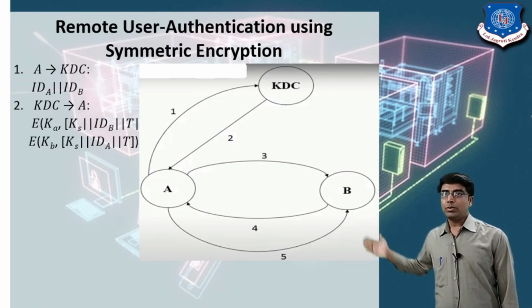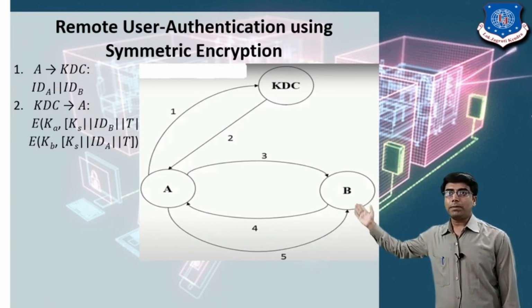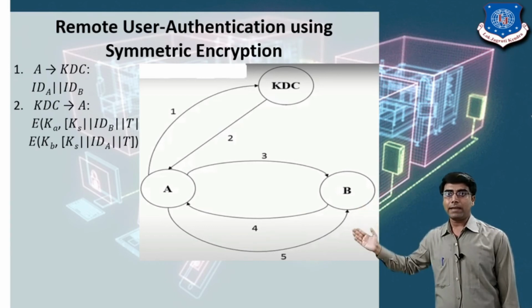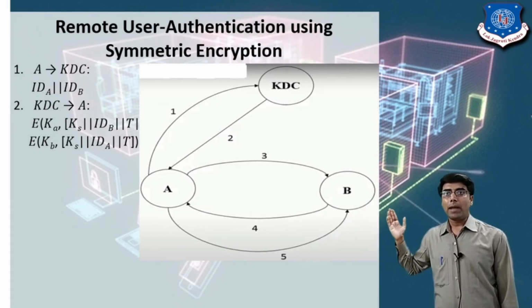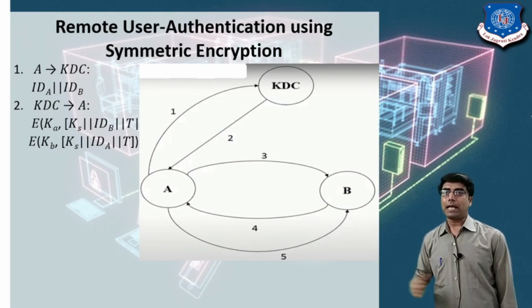Now the second portion of the message, E of KB, KS appended with the ID A and the timestamp, is sent to user B.